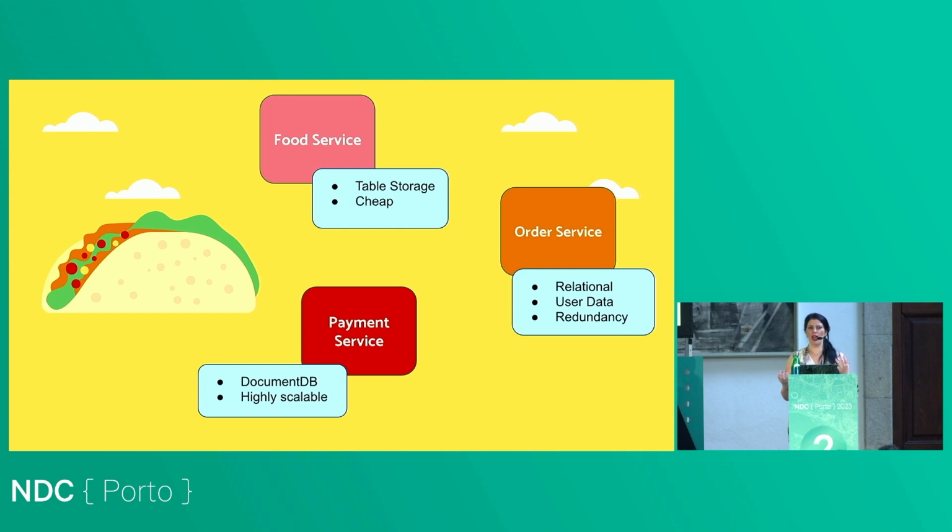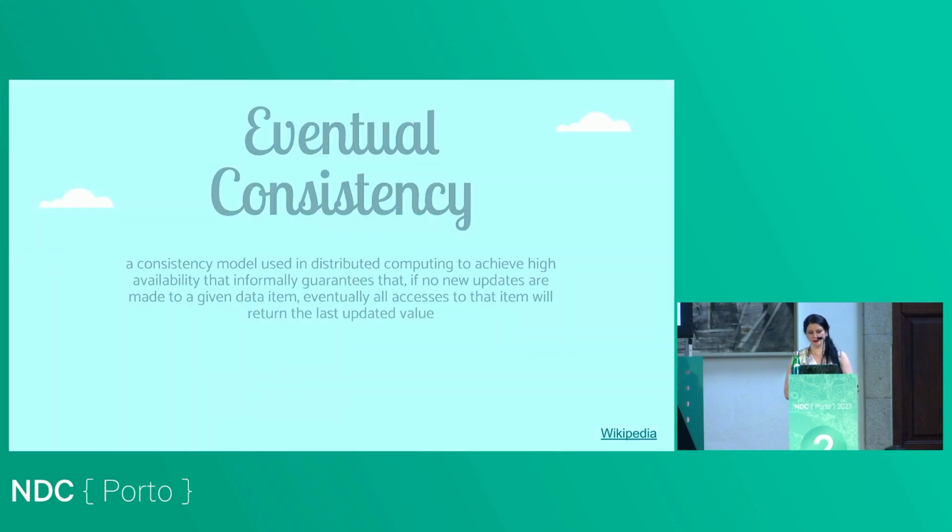Maybe you want a big, heavyweight relational database with lots of redundancy for your order service, or maybe you want a highly scalable document DB. You can choose the data store that suits your application perfectly. So it comes with a lot of benefits, not just the fact that you won't have this big, horrible mess.